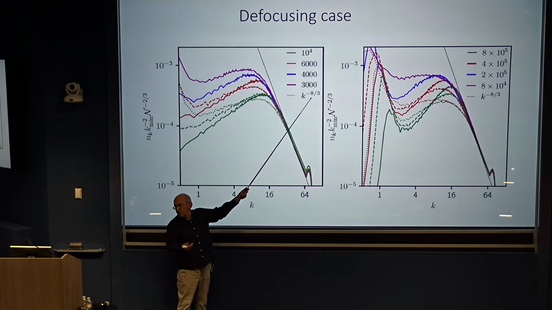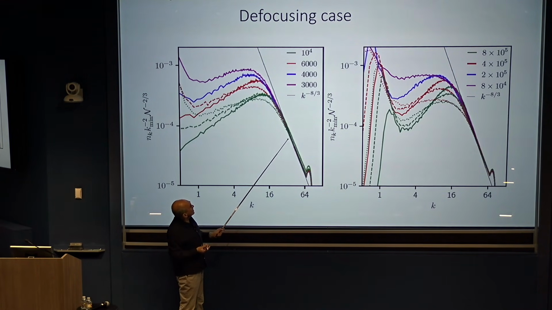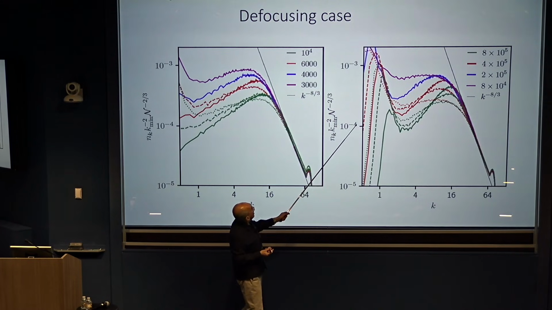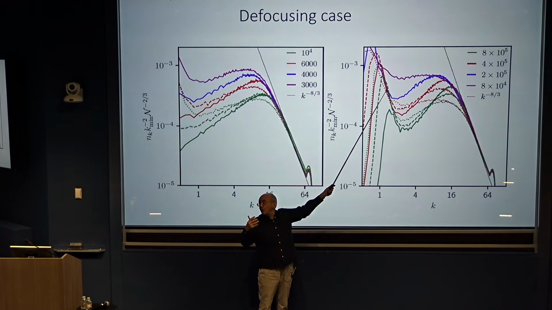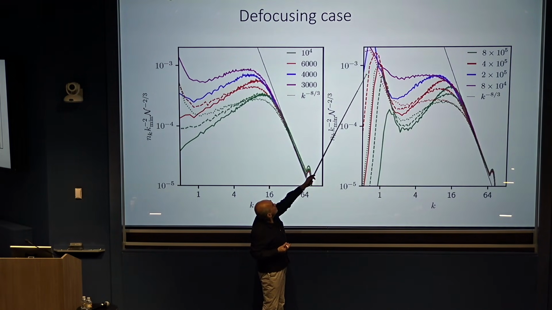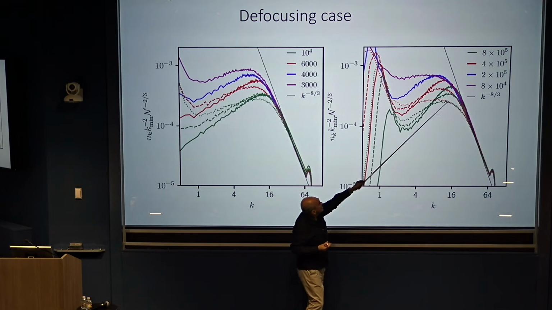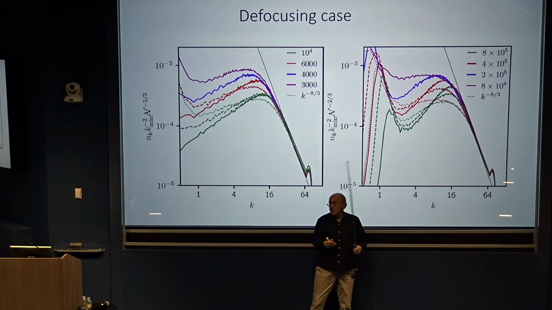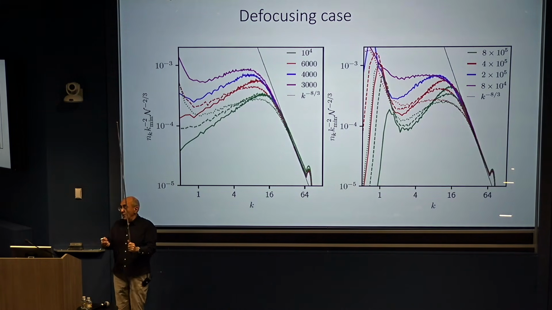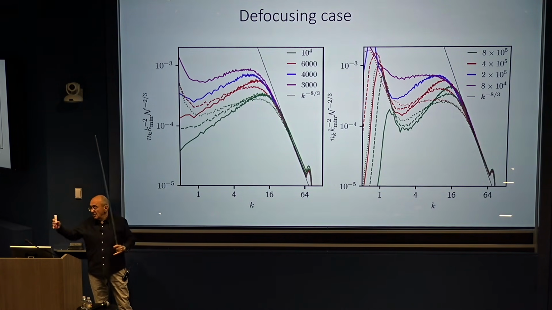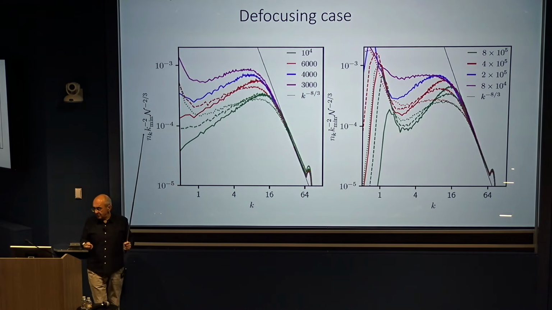In 3D, we predict 11/3 for this case. But the moment that you allow this to grow, which would then eventually be a condensate at low K, this is a defocusing case. You start seeing different deviations in this spectrum, and you can also look at the statistics, and you can locally look at the probabilities of big semi-homogeneous regions, what Natalia calls a precondensate.